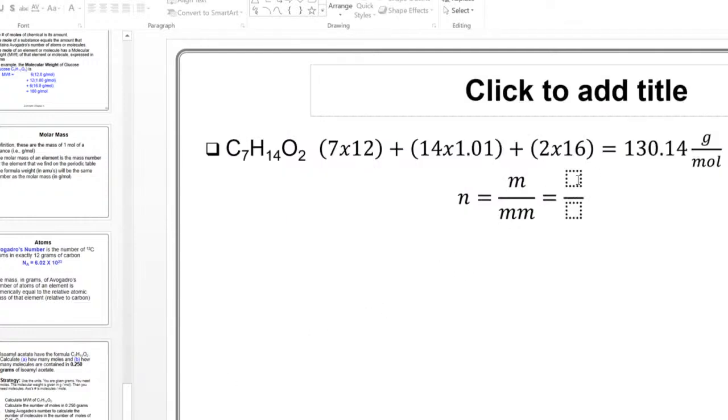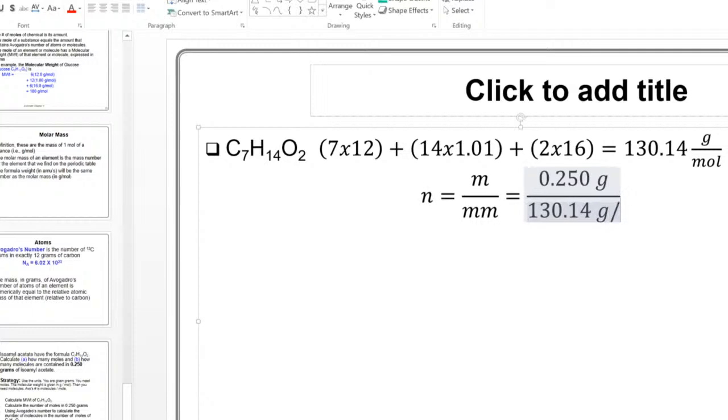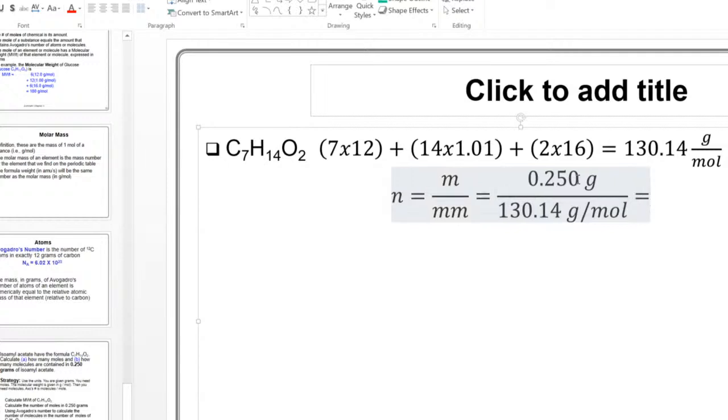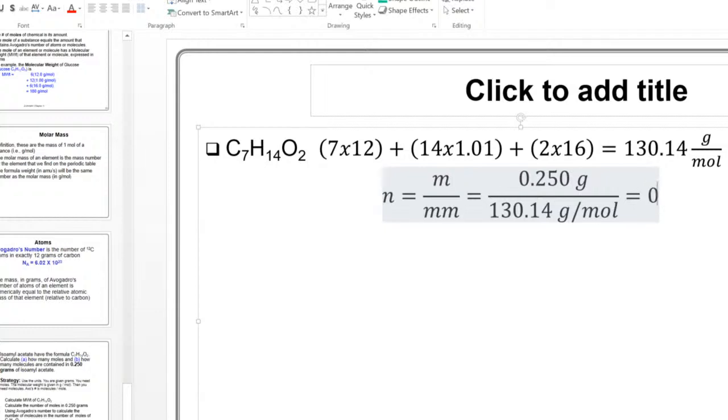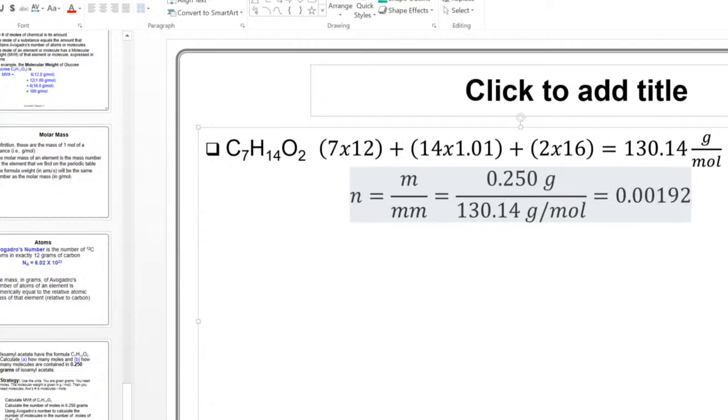So the question is, how many moles are present in 0.250 grams? So the mass is 0.250 grams over the molar mass, which is what we just found, 130.14 gram per mole. Okay, and when you divide 0.250 divided by 130.14, you get 0.0019192.